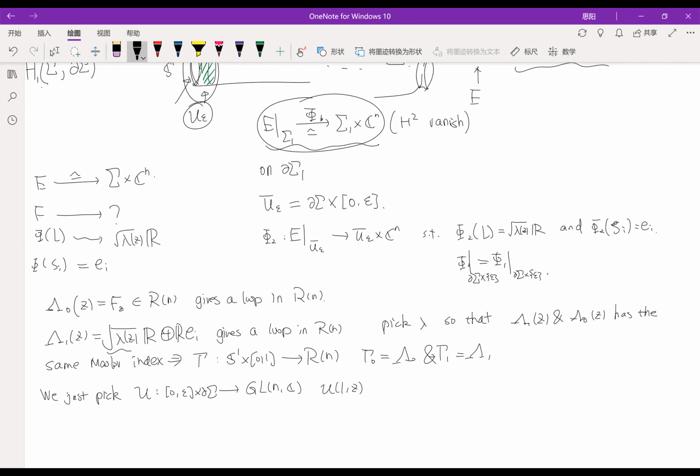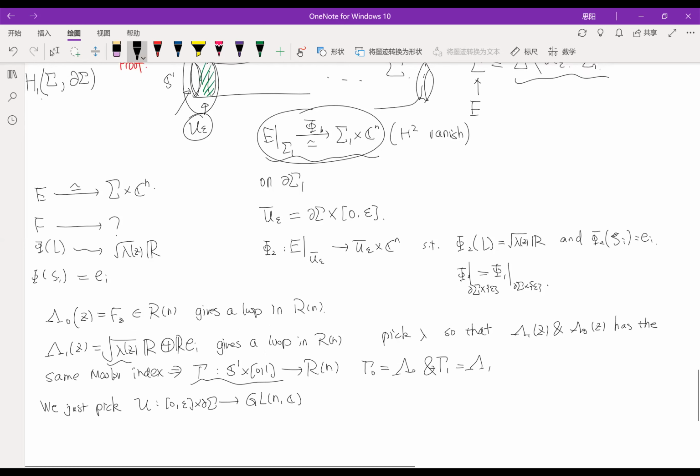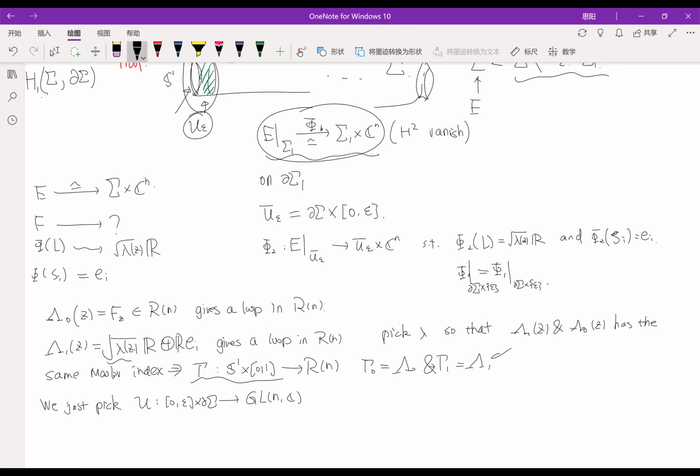Because we have this homotopy, we can realize the gamma on the cylinder, and we know that they are all in R^n, so we can derive this U(z). I think we should also impose a function here, such that when we pick it to be epsilon, then this will be epsilon, and otherwise just 1.